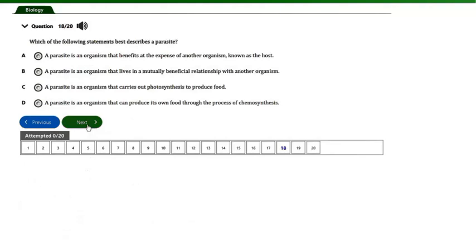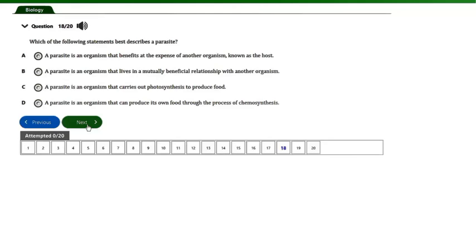So let's look at the next question, guys. That's question number 18. It says, which of the following statements best describes a parasite? A. A parasite is an organism that benefits at the expense of another organism known as the host. B. A parasite is an organism that lives in a mutually beneficial relationship with another organism.